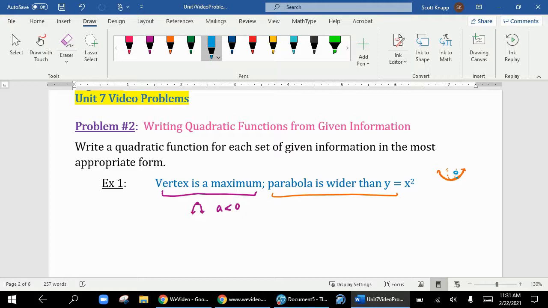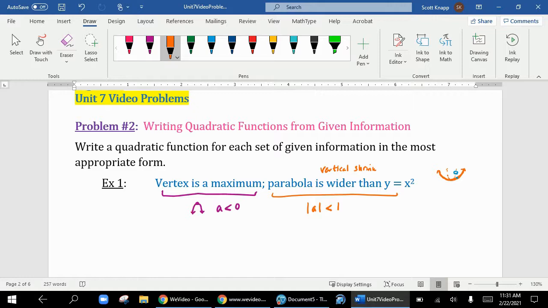And so parabola being wider is the same thing for us as a vertical shrink. And a vertical shrink we know happens if the value of a's absolute value is less than 1. So we need to pick something where the absolute value of a is less than 1. It will have to be something negative, though, because of the first part where the vertex is a maximum.